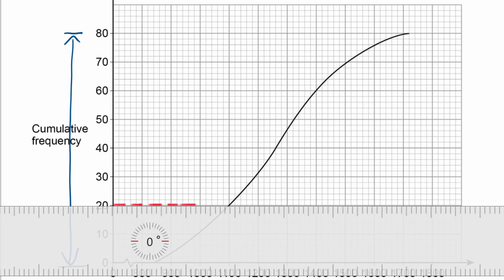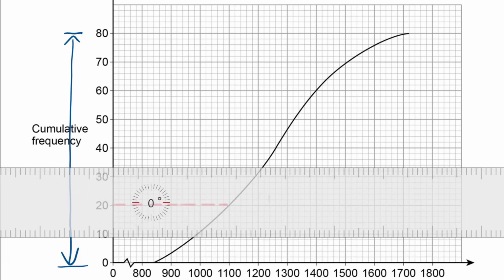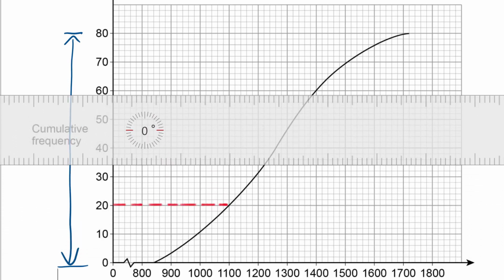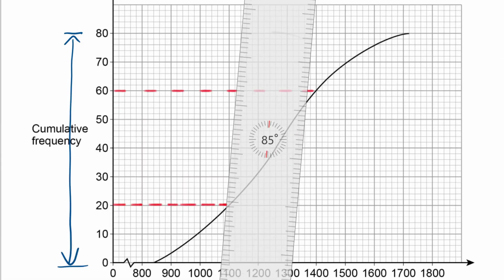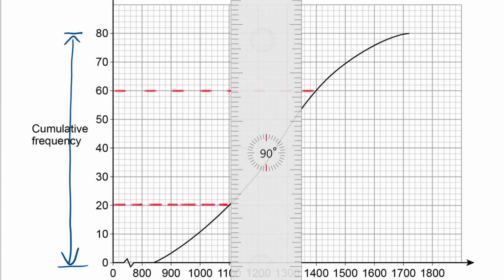Not drawn along the ruler particularly well today. What's going on? Okay, now it's done it. And then 3/4 of the way through the data is going to be reading across at 20 times 3, which is 60. It's going to be easier. And then when we hit the curve, we're going to switch and draw down.